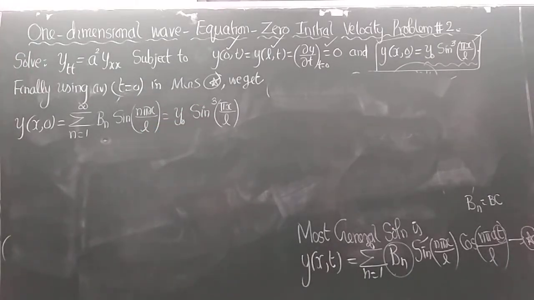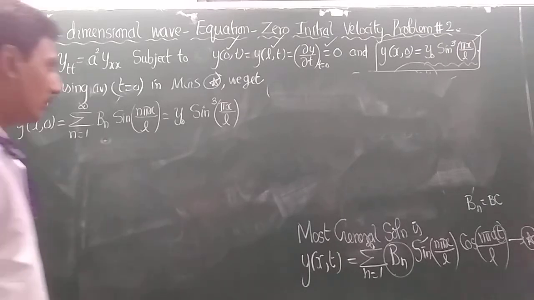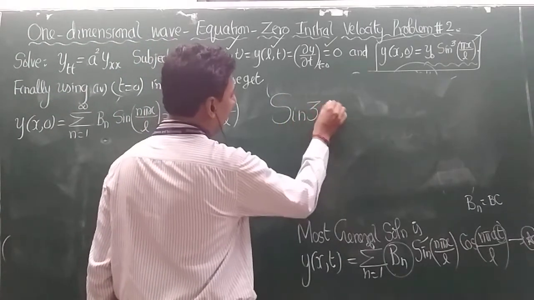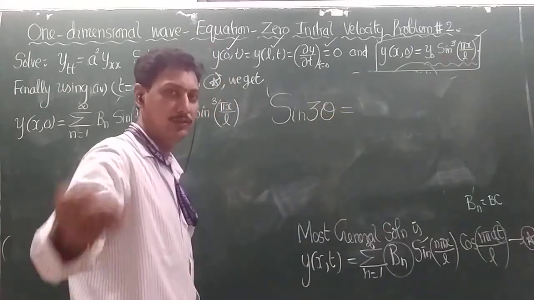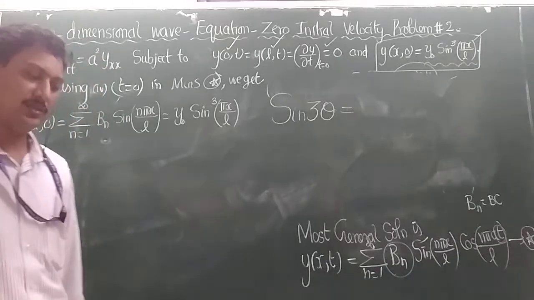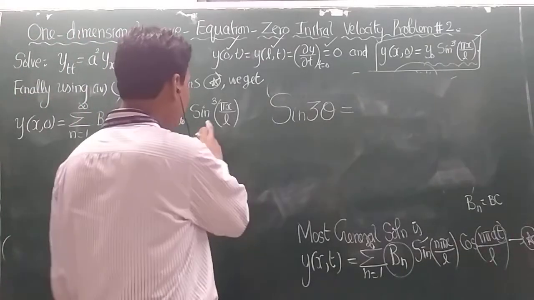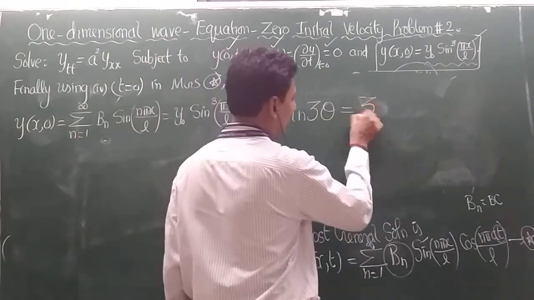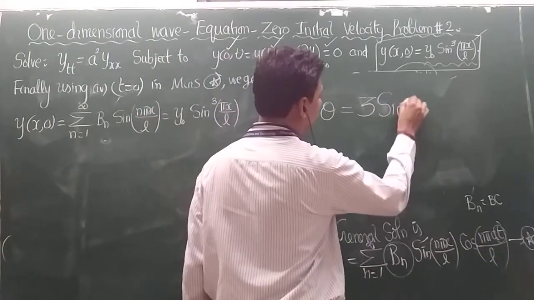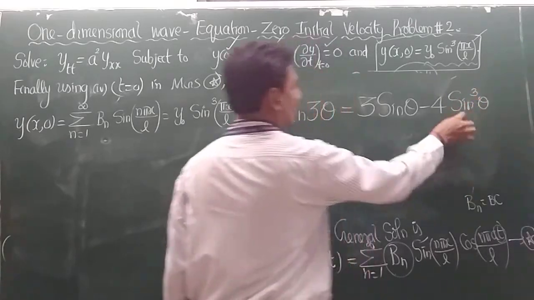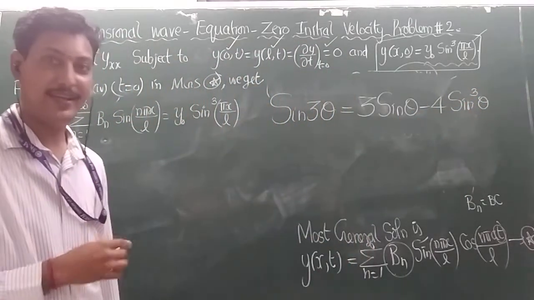How many of you remember the trigonometric identity for sine 3 theta? You may have the question, why did sir use the sine 3 theta expansion? Because sine cube theta is there. What is sine 3 theta? It is 3 sine theta minus 4 sine cube theta. That's why I use this trigonometric identity.